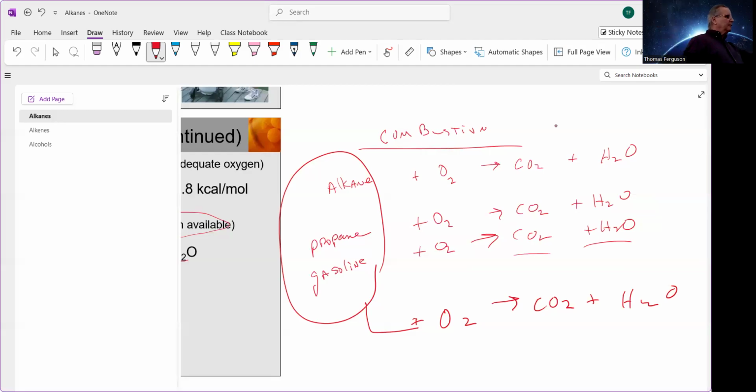They're both burning alkanes. Why is one orange, one blue? Oxygen is the key. How much oxygen is given to the alkane to burn? If you have enough oxygen, it goes to carbon dioxide and water.